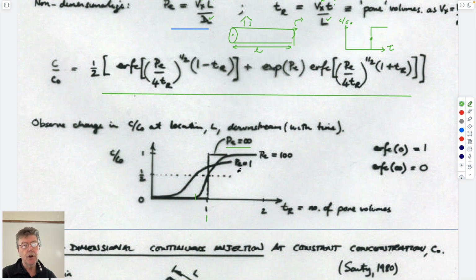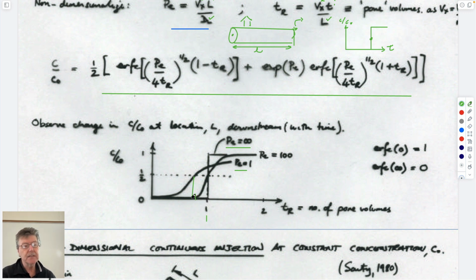And if you're going at an even smaller Peclet number, then actually what you've done so far isn't correct, right? You've used the residence time distribution, this point here, to decide where it arrives, but actually it arrives at 50% before one pore volume has gone through.